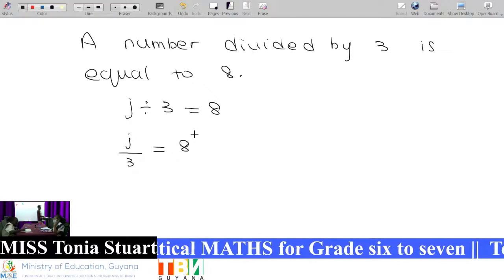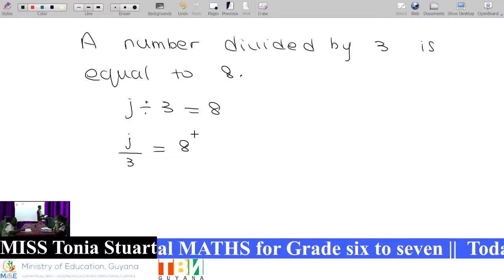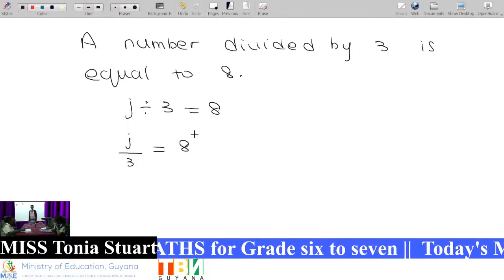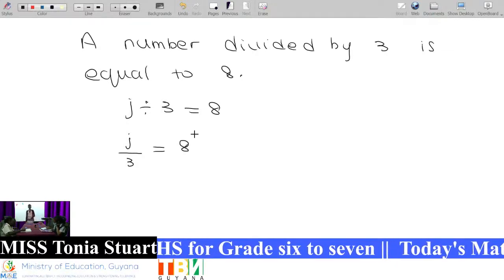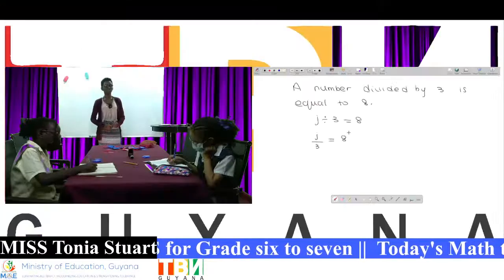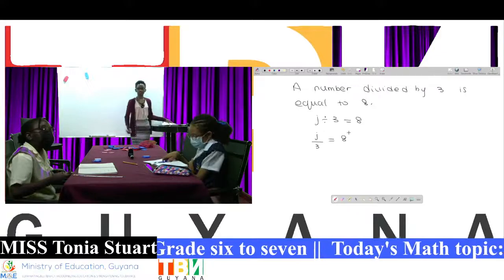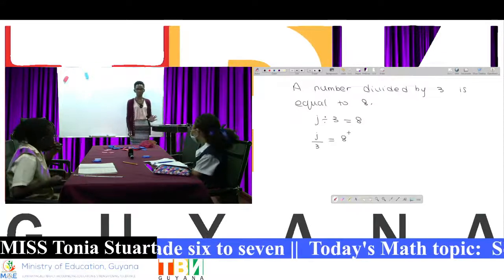Okay. So that brings us to, in our previous session, we were looking at evaluating algebraic expressions. We had different variables taking on different values.